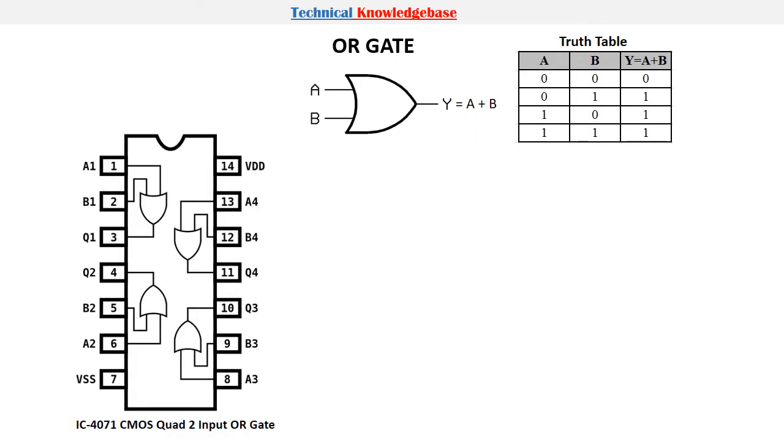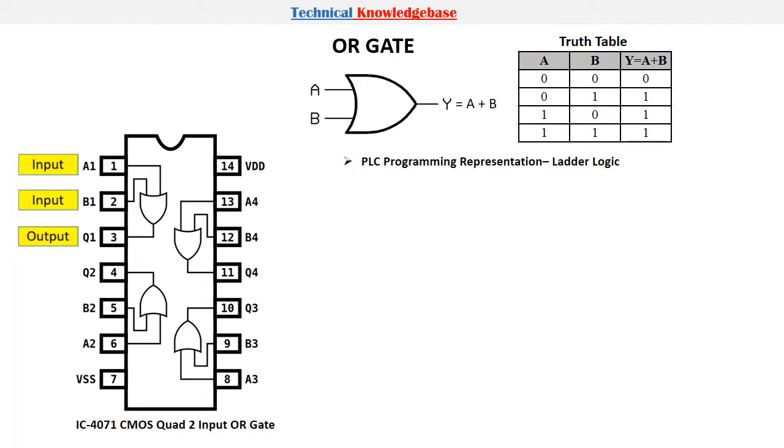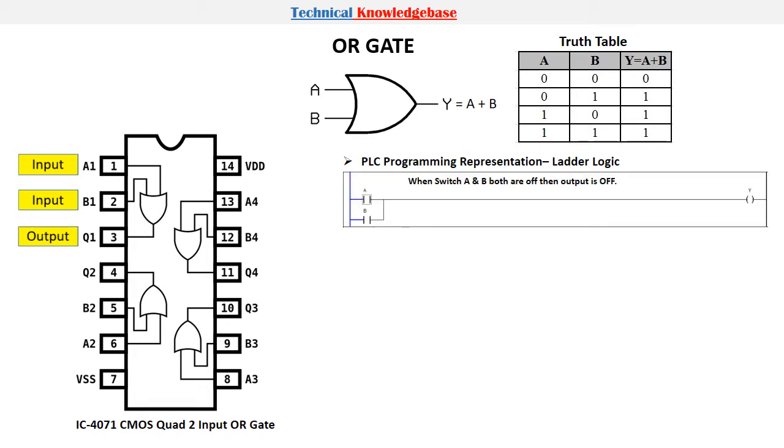Now IC 4071 is used for the OR gate, a CMOS quad 2-input OR gate. It is used in electronic circuitry. Here A1 and B1 are the inputs, and Q1 is the output. Now we go with the PLC representation for this OR gate. For the OR gate we have used a parallel combination of NO contacts.